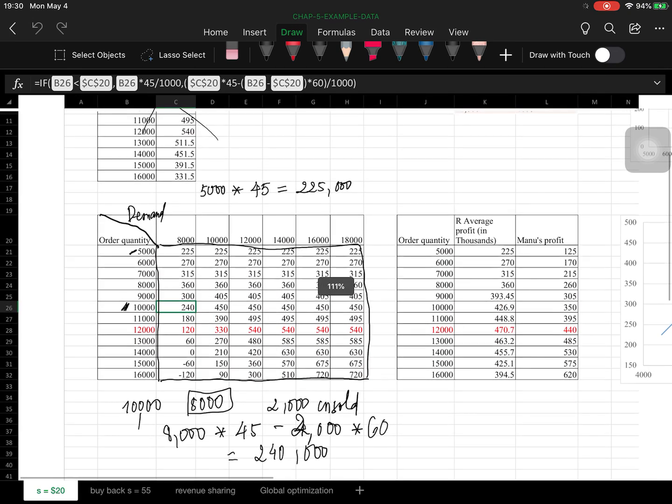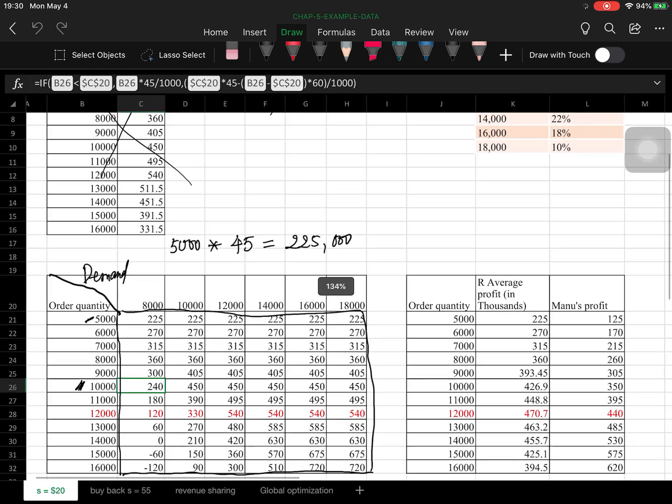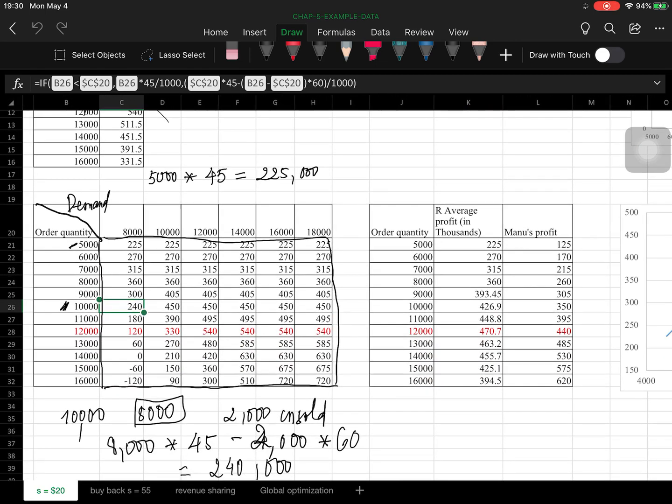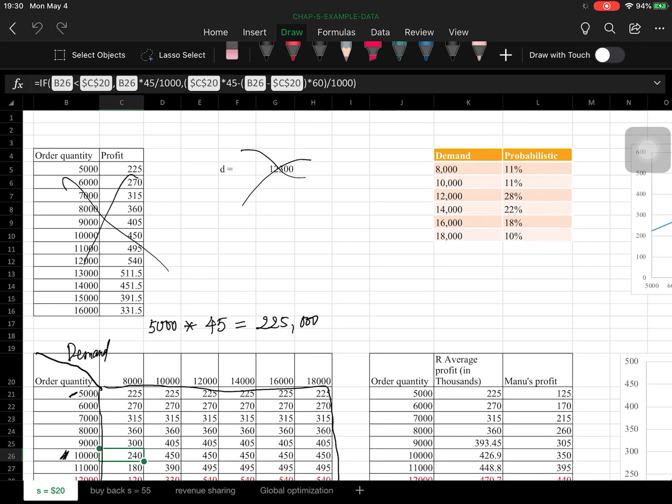So on and so forth, you can calculate all the profit of each case. Then after that you can calculate the average. Because we have the demand of 8,000, the probability is 11%.